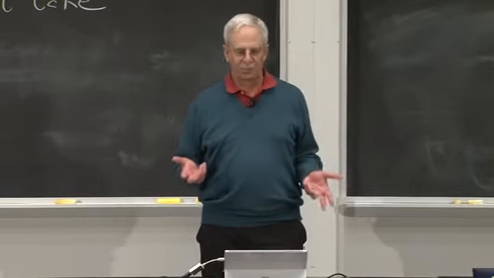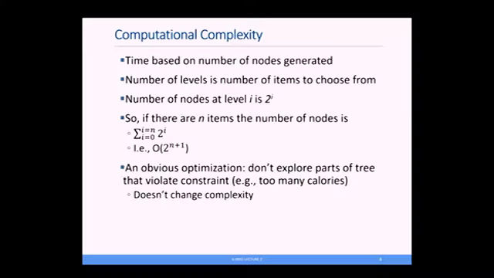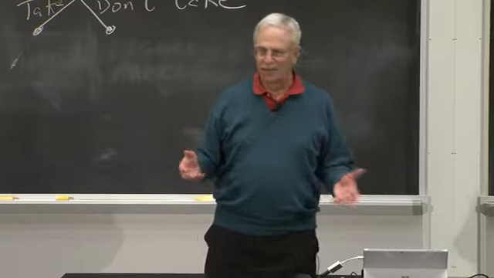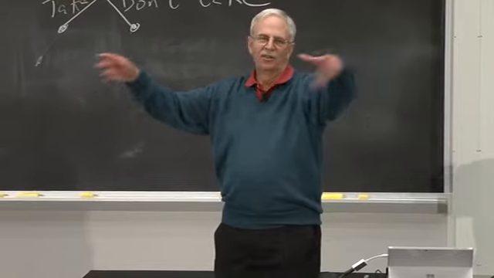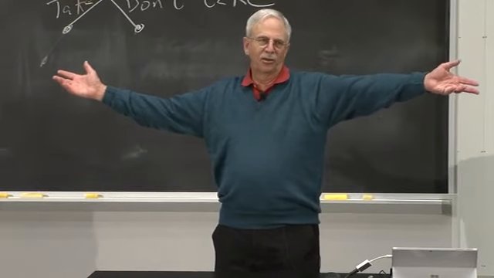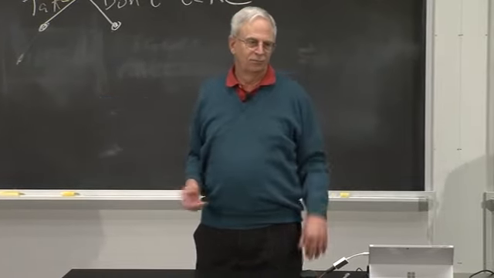Now, there's an obvious optimization, right? We don't need to explore the whole tree. If we get to a point where the backpack is overstuffed, there's no point in asking whether we should take the next item, because we know we can't. I generated a bunch of leaves that were useless because the weight was too high.